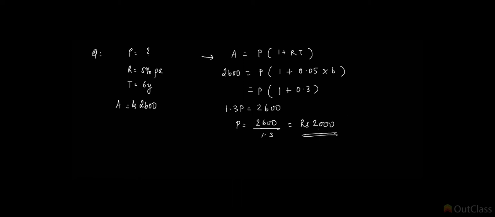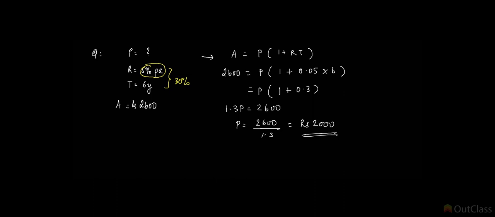But I also want you to look at it this way. It says the extra money generated is 5% every year. So in 6 years, you're gonna generate 30%. You don't really need equations and any sort of writing to solve this kind of equation.